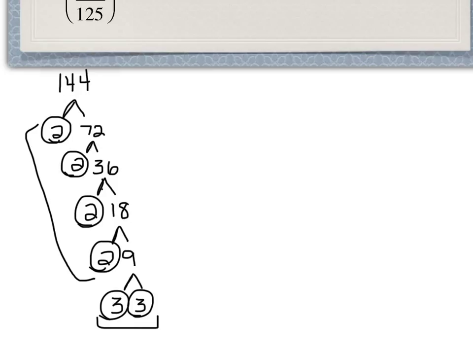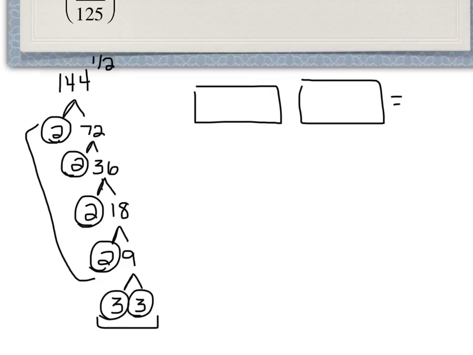And again, my problem, way back up there at the top, was 144 to the power of 1/2, which means I'm looking for 2 boxes, or 2 factors, that multiply together to equal 144. Well, look at your factors. If you have 4 2s, that means each box has to have 2 2s.